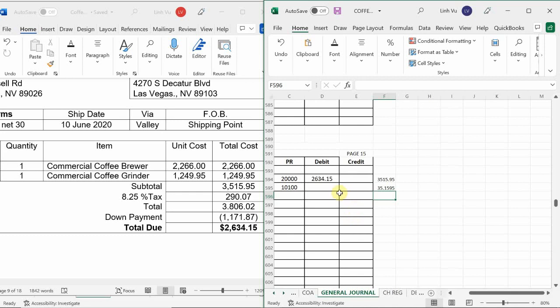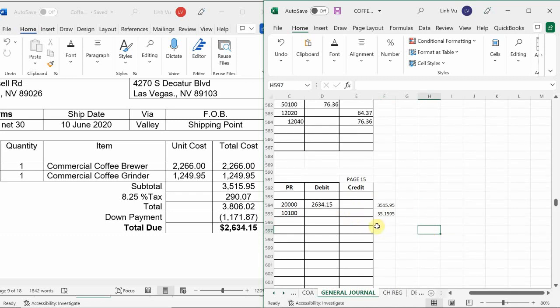So where do you guys think we're going to be taking them directly out from? If it's not inventory, so it can't be purchase discounts, where else can we apply the discount? To the actual equipment, because this is what we paid for actually purchasing the coffee brewer and coffee grinder, right?